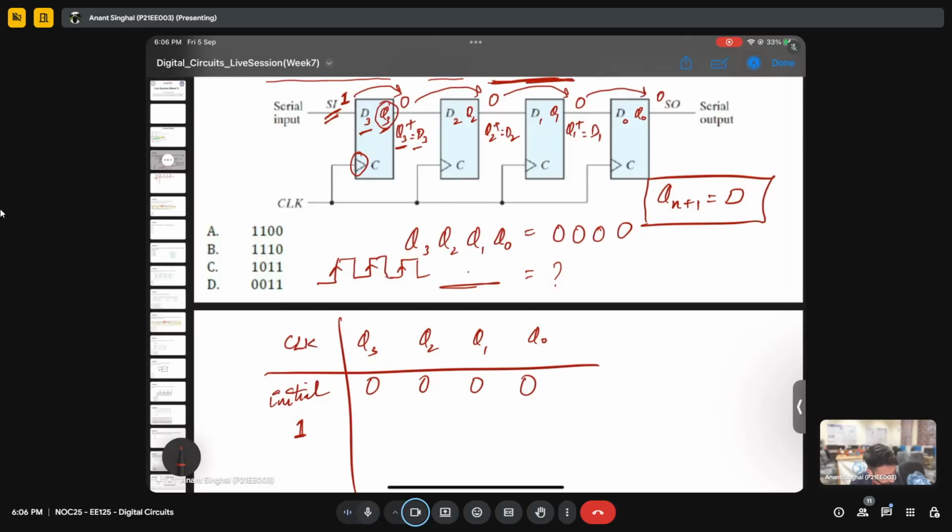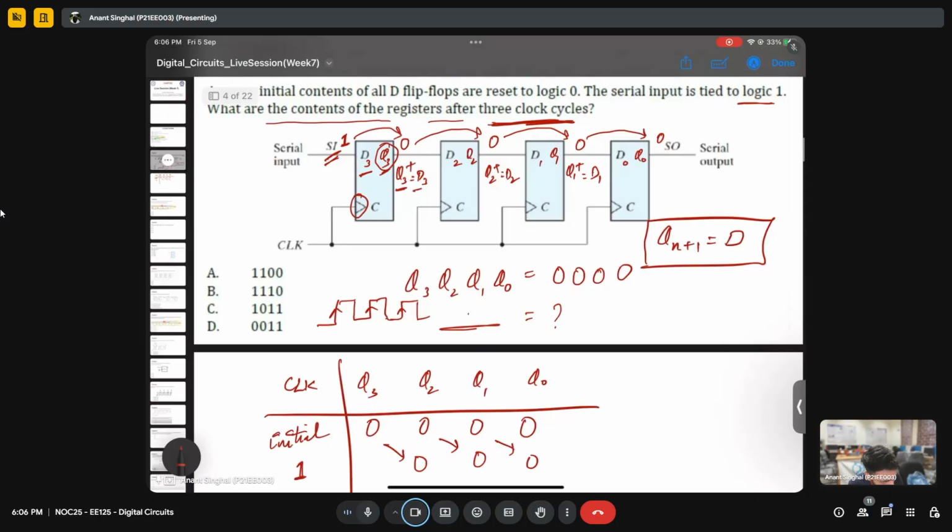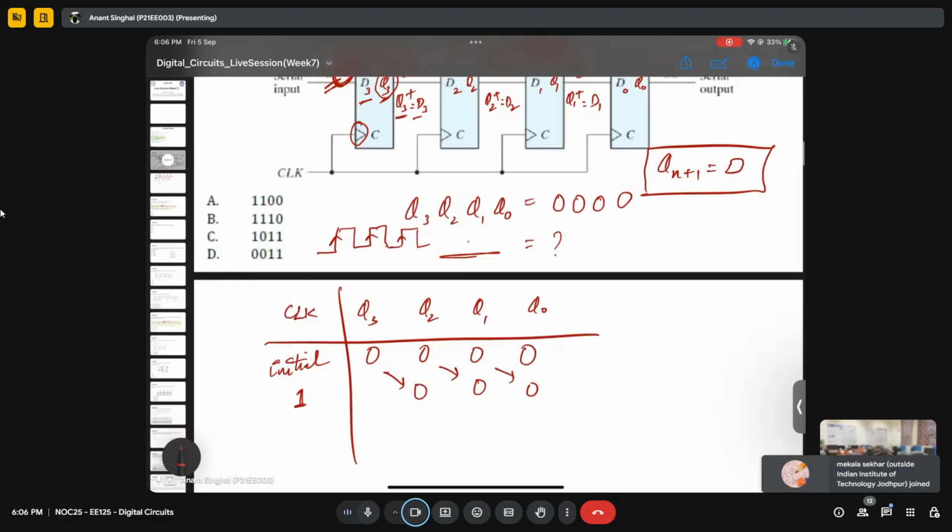But since this is tied to 1 always, this 1 will come here. So the next state, after the application of the clock, the output will be this. Is it clear to everyone? This is the basic step. If it is not clear, please let me know.